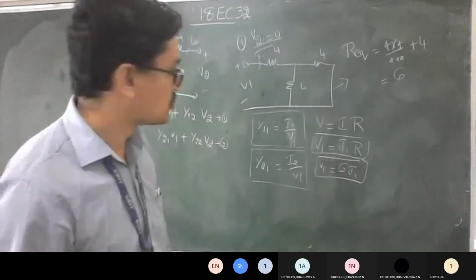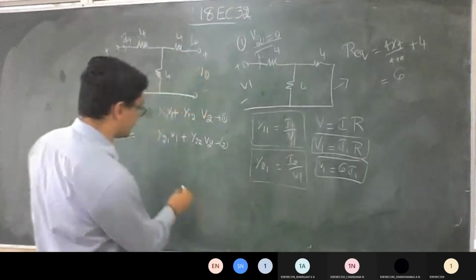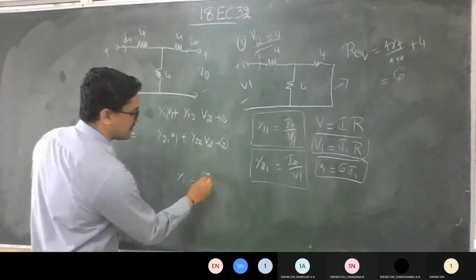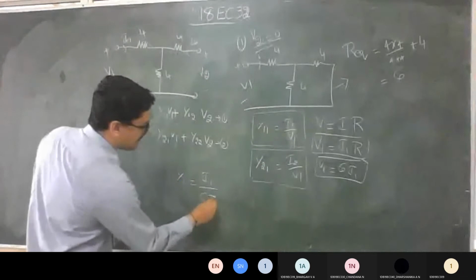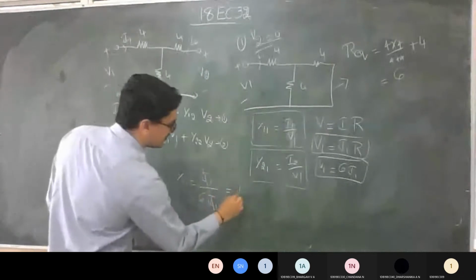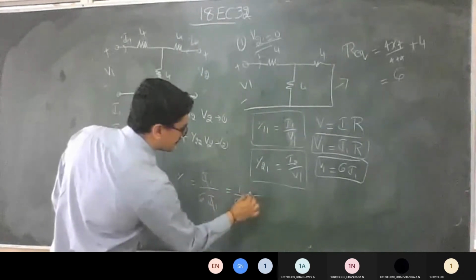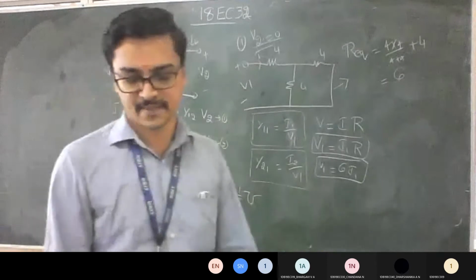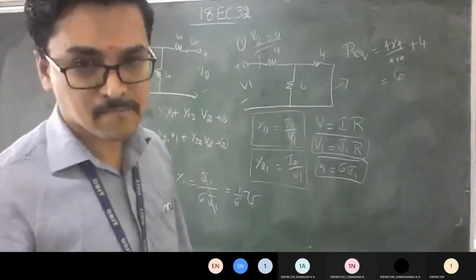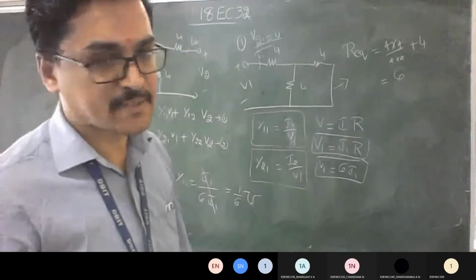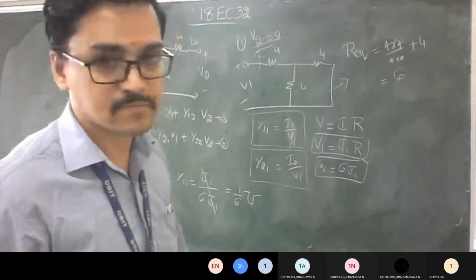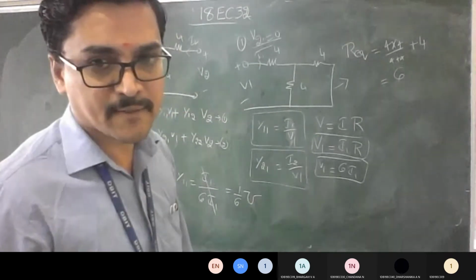Yes, sir. So substitute that in this equation. Do we get the first answer? I1 divided by 6 I1. So I1 gets cancelled. So you can claim the first answer as 1 by 6. Is it correct?